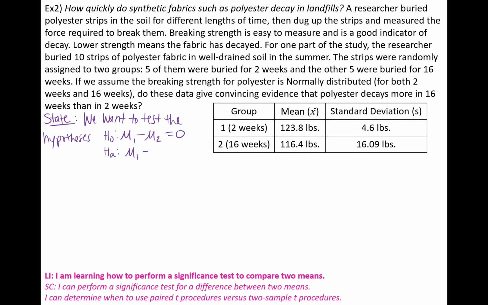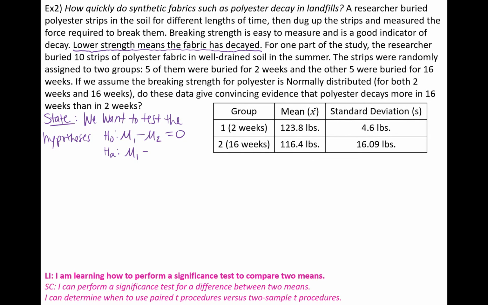Okay, so if there is more decay, lower strength means the fabric has decayed. So this is going to be an important thing. Back up in our problem, it says lower strength means the fabric has decayed. So we are testing, let's see if the strips are randomly assigned.